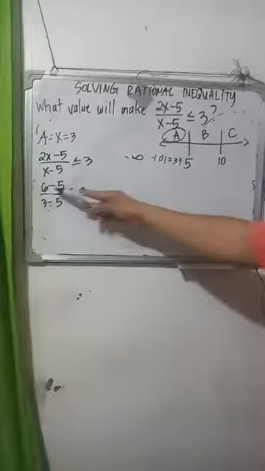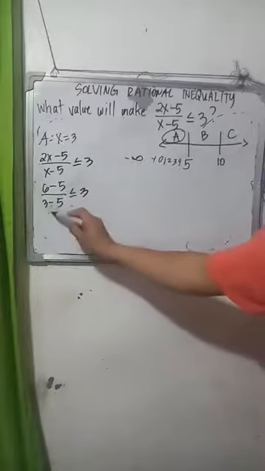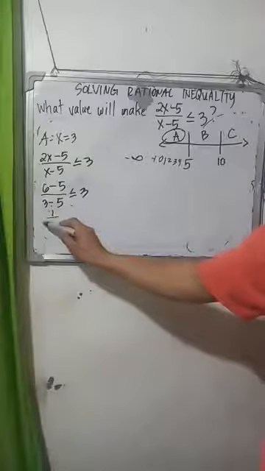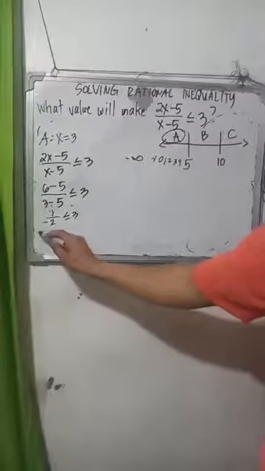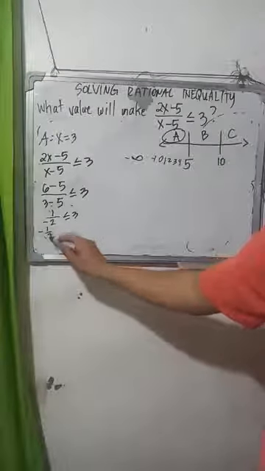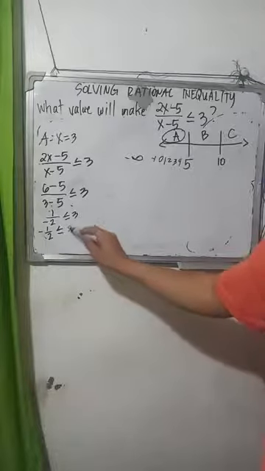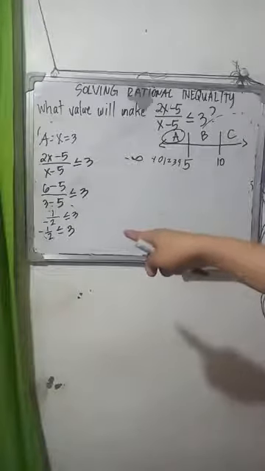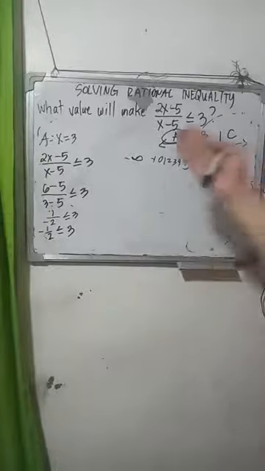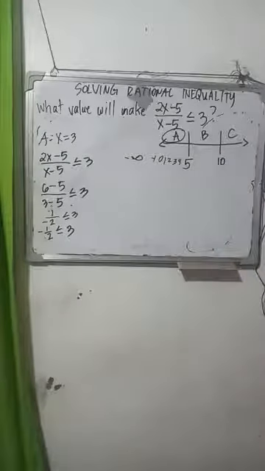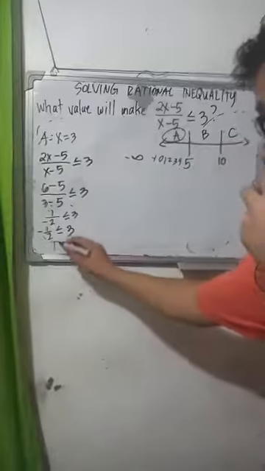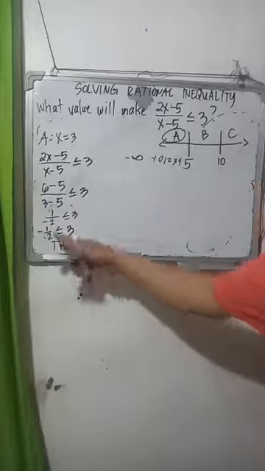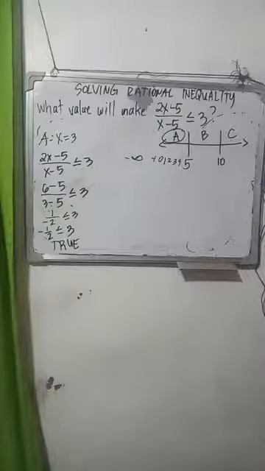Okay. 6 minus 5, that is 1 over negative 2 less than or equal to 3. So that is equivalent to negative 1 half less than or equal to positive 3. It makes the inequality true or false. Okay. True or false? Okay, that is true. Kasi maliit talaga yung 1/2 kaysa sa 3.